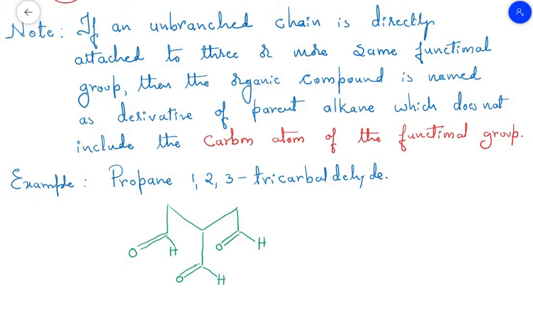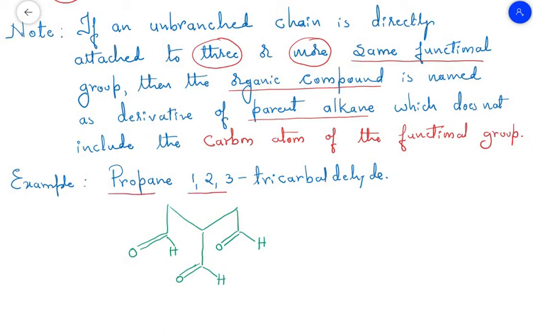In the next part, students, there is a note. If an unbranched chain is directly attached to 3 or more same functional groups, then the organic compound is named as a derivative of the parent alkane which does not include the carbon atom of the functional group. Here we are having an example, propane-1,2,3-tricarbaldehyde.